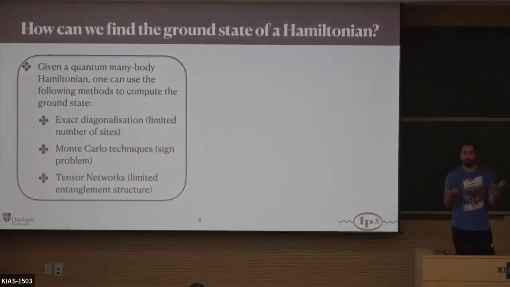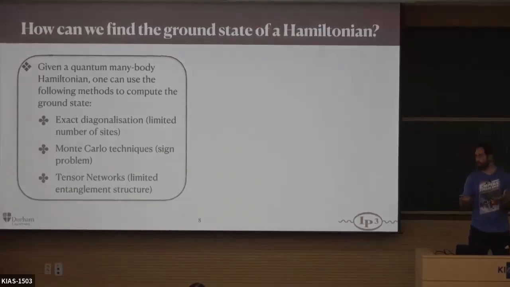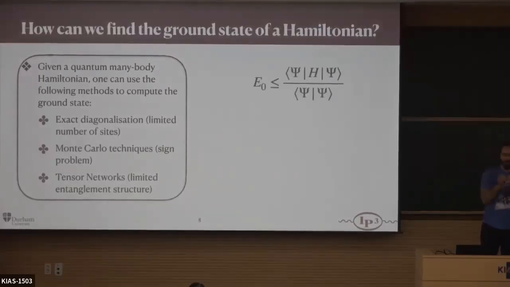So first of all, why and how does this work? When you have a Hamiltonian, no matter what state you try to compute, its expectation value has to be above the ground state energy, right? So you basically have a minimum that you can achieve in your ground state.